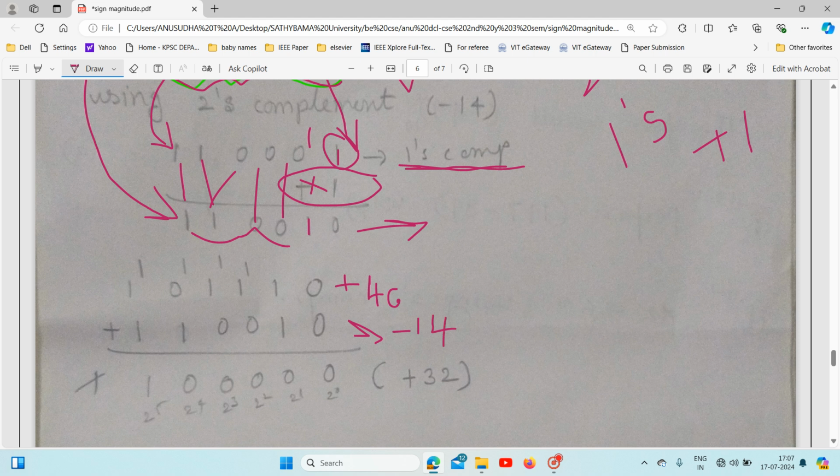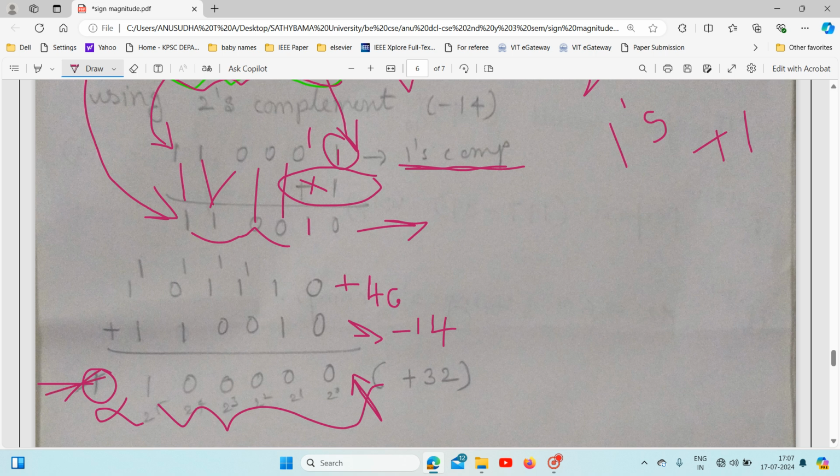So in the 2's complement, please listen carefully. In the 2's complement, if the carry exists, you have to ignore that carry. If the carry does not exist, you have to take the 2's complement for the result, right? Here I am getting the carry, so I have to omit this carry.